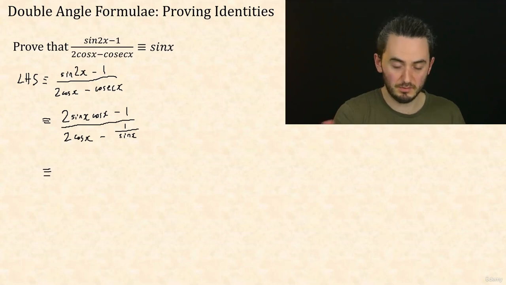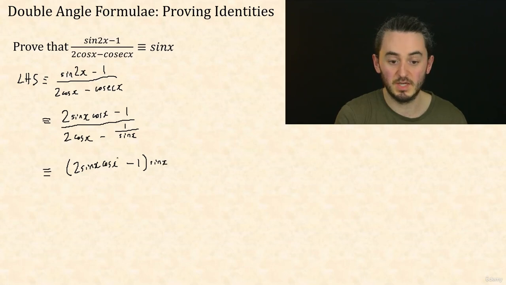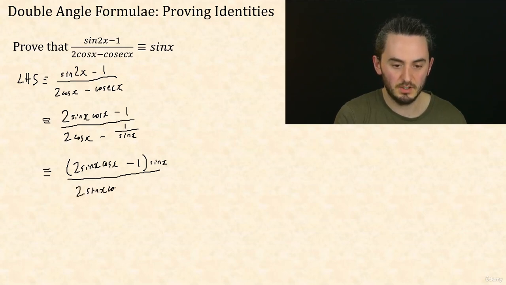So I might just sweep through and multiply top and bottom by sine x and see what we get from that. So on the top, I've got this whole thing, 2 sine x cos x minus 1, and all of that times sine x. And then on the denominator, if I multiply that through by sine x, I get 2 sine x cos x minus 1. And there we have it.